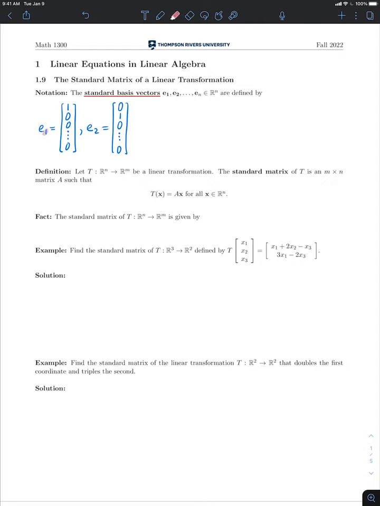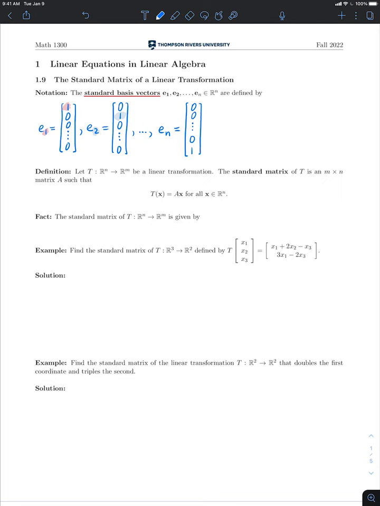The next one, e3, would be 0, 0, 1, and then zeros everywhere else. I'd keep going in this pattern all the way to the final vector in the list, en, which has a 1 in the nth coordinate and zeros everywhere else.